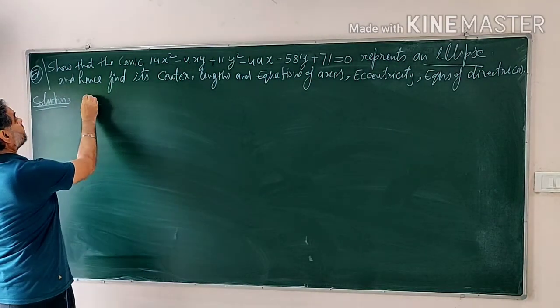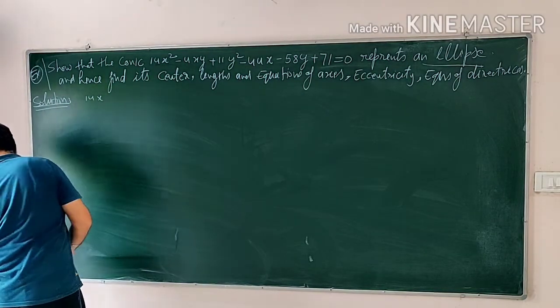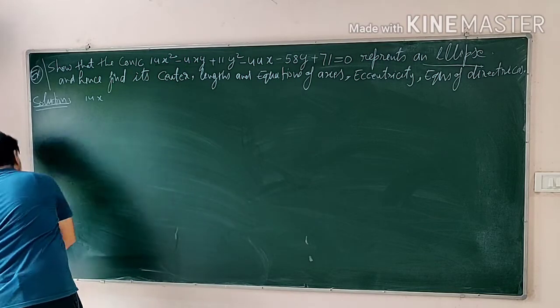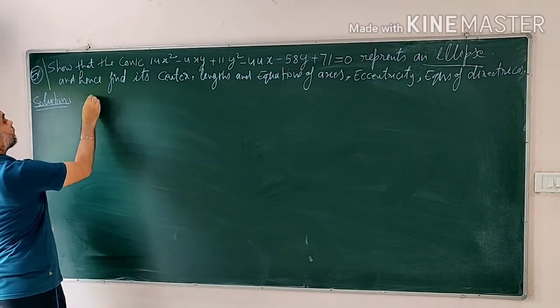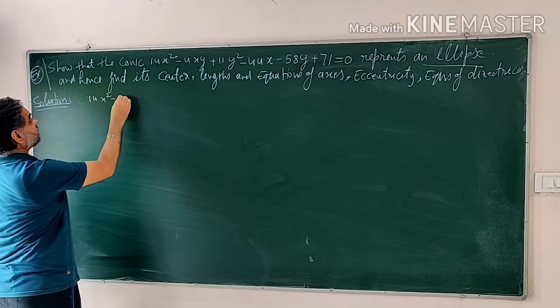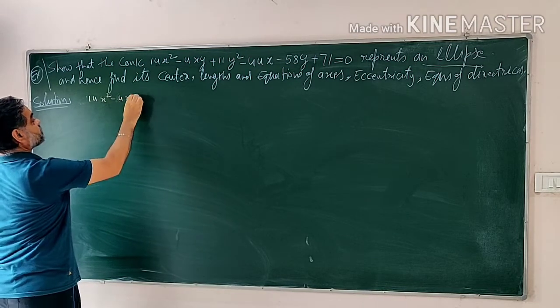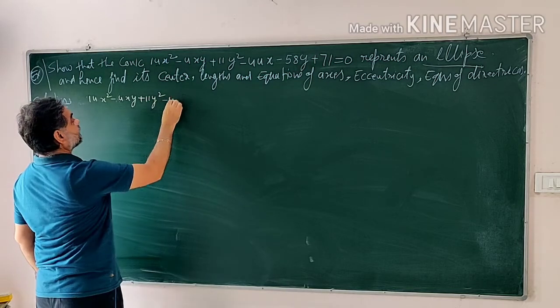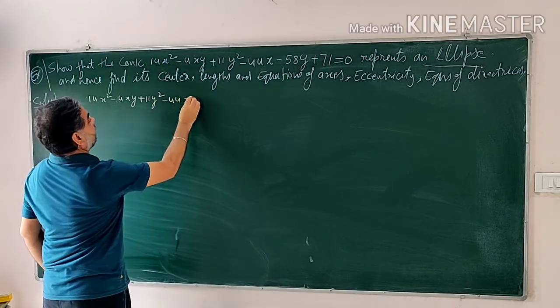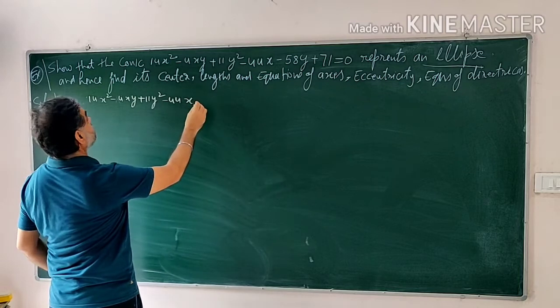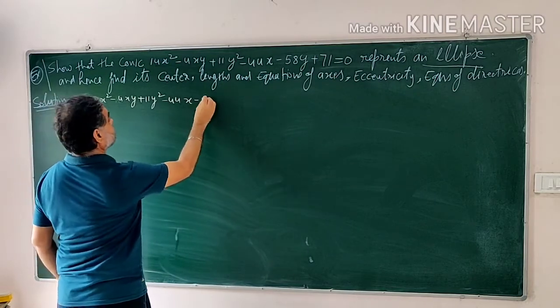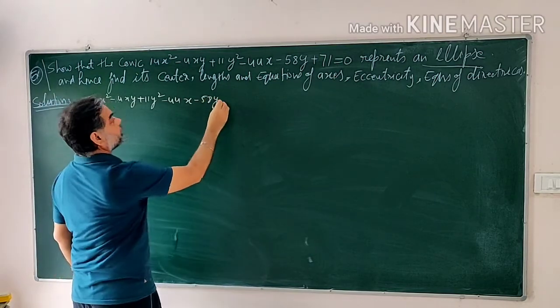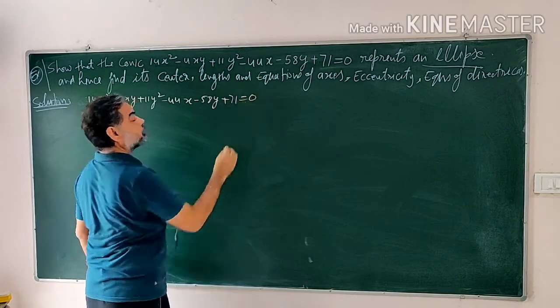We compare. The equation given is 14x² − 4xy + 11y² − 44x − 58y + 71 = 0.